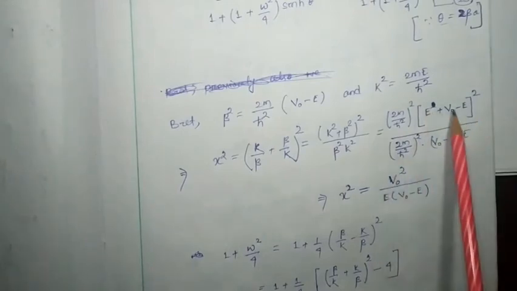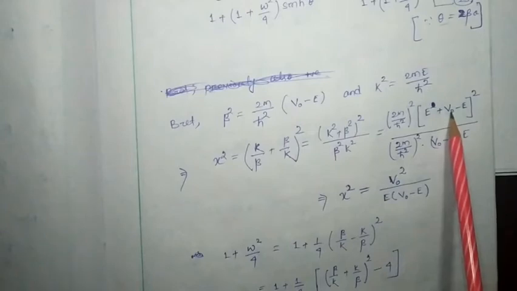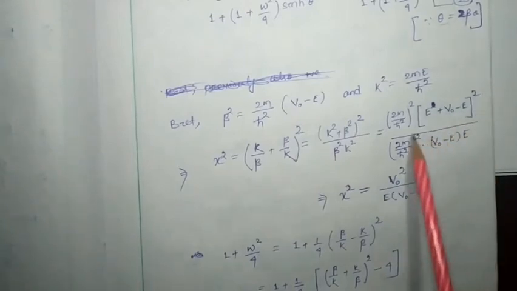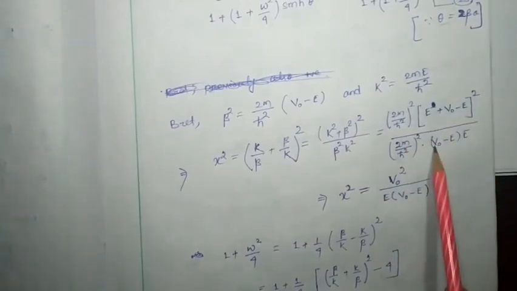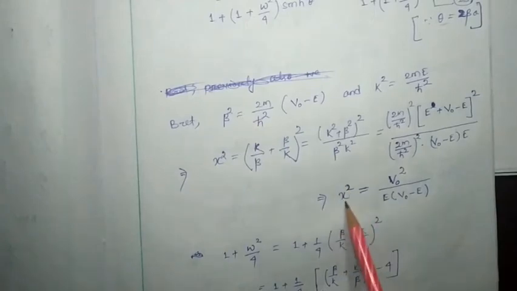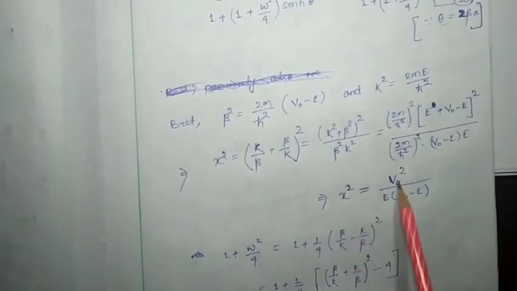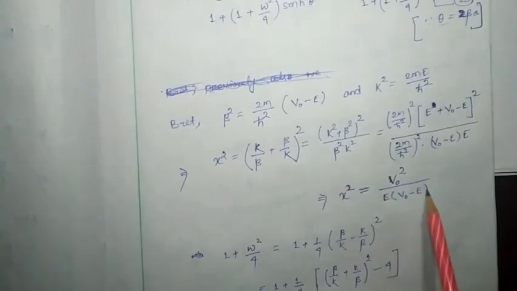So the numerator we find is V0², divided by E (V0 − E). So x² we find is V0² / (E (V0 − E)).